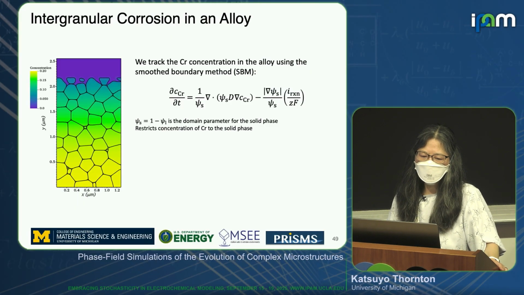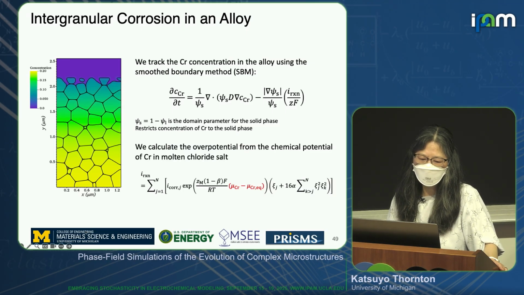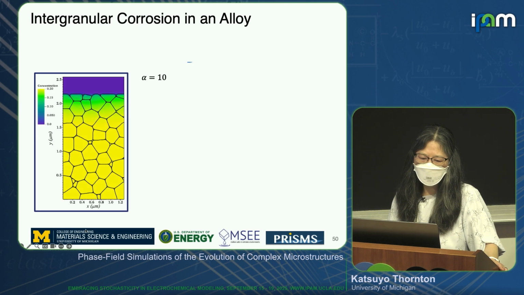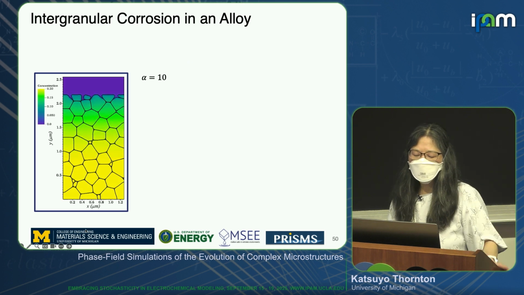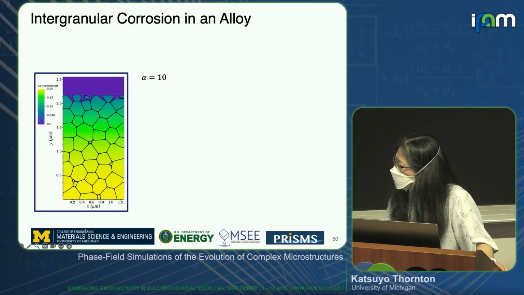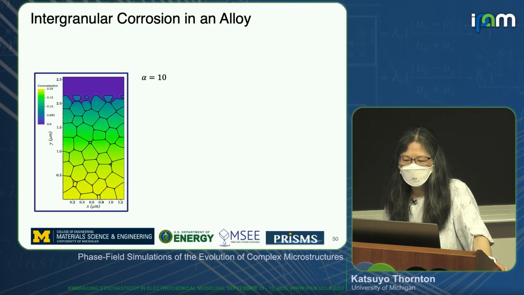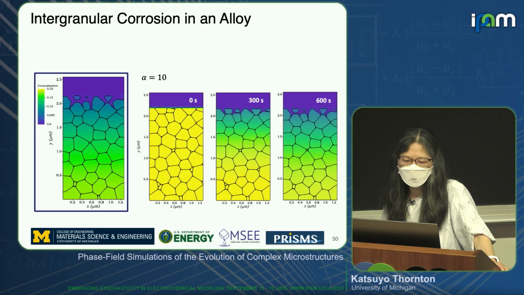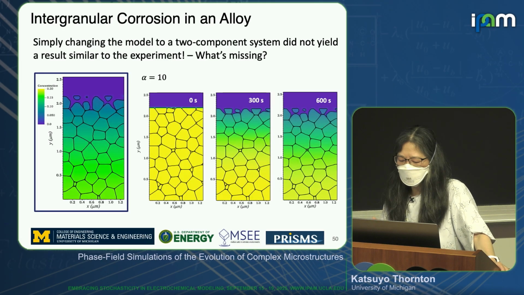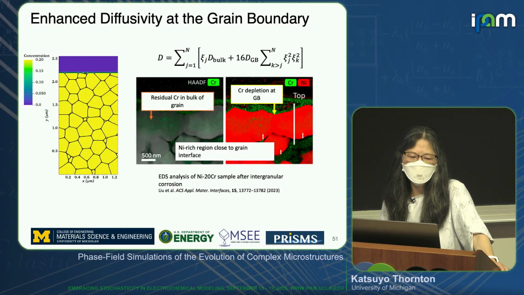And we recently added the alloy corrosion, and this is the result of alloy corrosion. What we saw is kind of boring, right? You just see the gradient in the chromium concentration, which is actually not consistent with the experiments. So we had to look at other mechanisms.